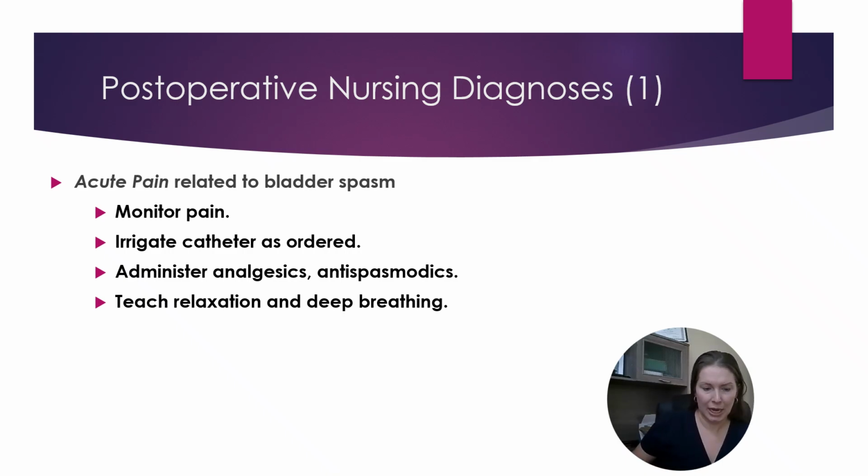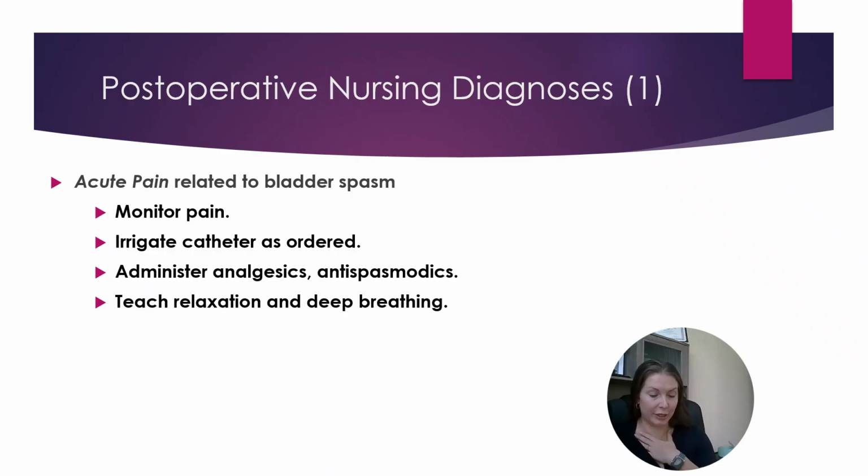Bladder spasms are a pretty unique pain. With these, we have a suppository that we can give. I'm going to look up what it's called. It's called a B&O suppository, but I know that it's belladonna. But let me look for sure.